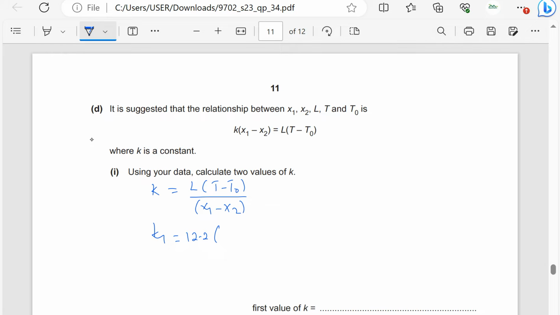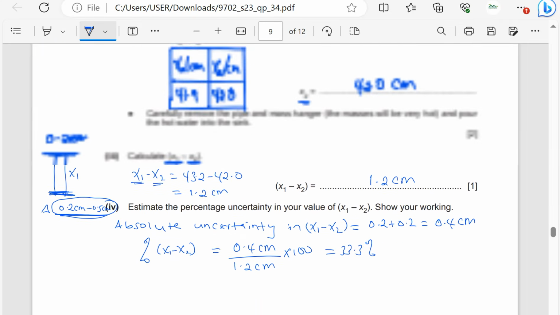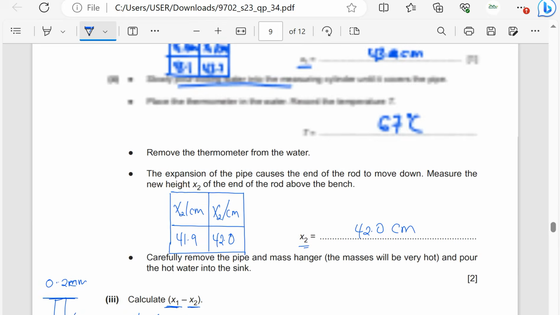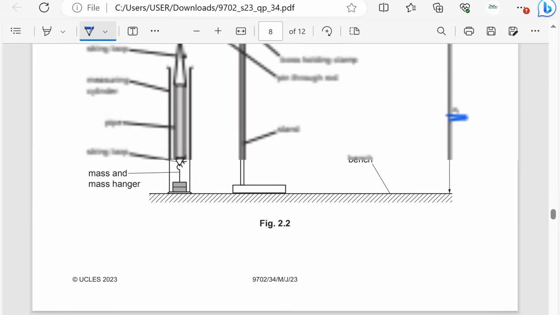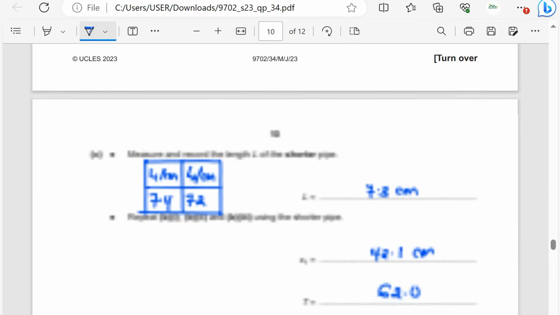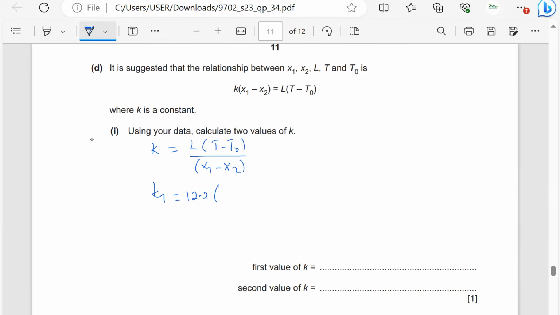Then the change in temperature, T minus T naught. The first T was 67. Then T naught, room temperature, was 24. So 67 minus 24. Then divide by x1 minus x2.